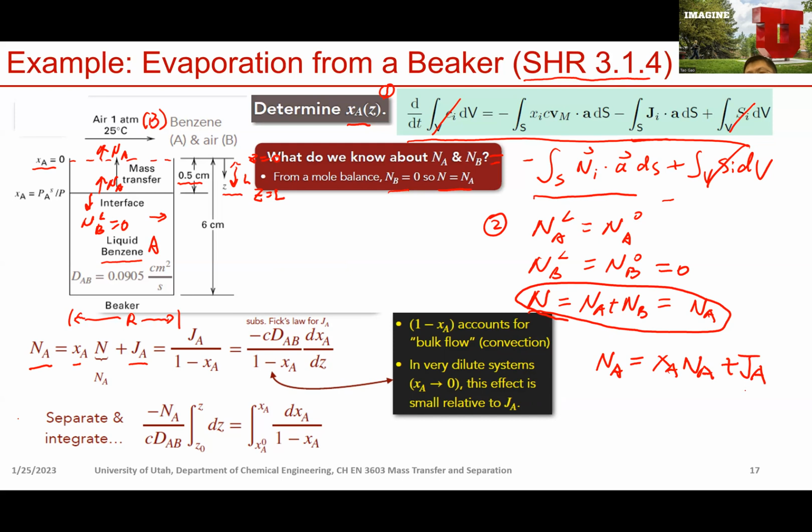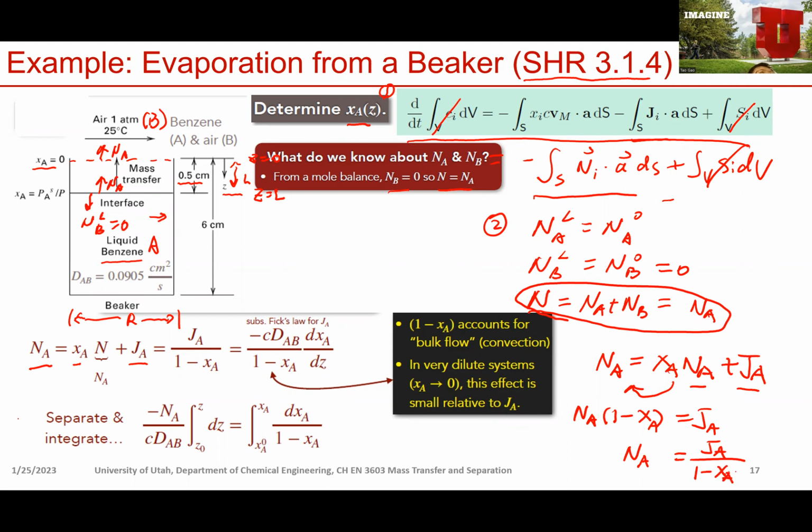We don't know NA, but we know we can relate JA with XA. To do that, we move this term to the left, so NA multiplied by 1 minus XA equals JA. Rearranging, we get NA equals JA divided by 1 minus XA.